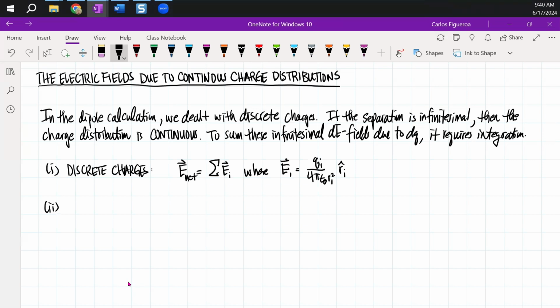But if I have a continuous charge, then our E net field is now integrating all of these little dE fields, where dE plays the same role as before.